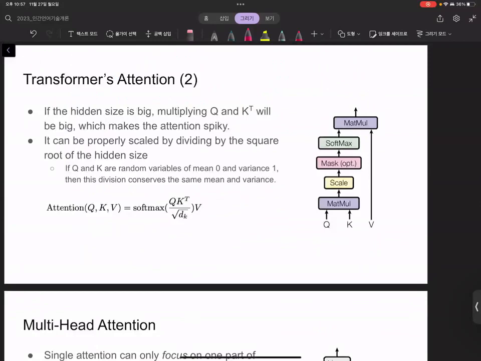So if the hidden size is big, multiplying Q and K transpose will be big, which makes the attention spiky. What does this mean? So attention takes softmax.